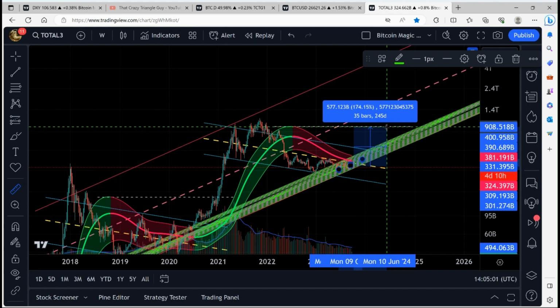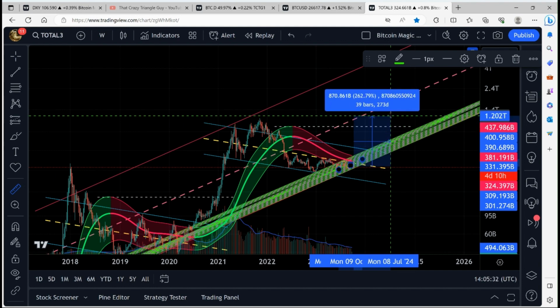Now, notice the date down here in June. We follow a similar path as we have in the past. June 2024, or maybe even farther out. It's about 900 billion, a 177% move over the course of the next 9 months.